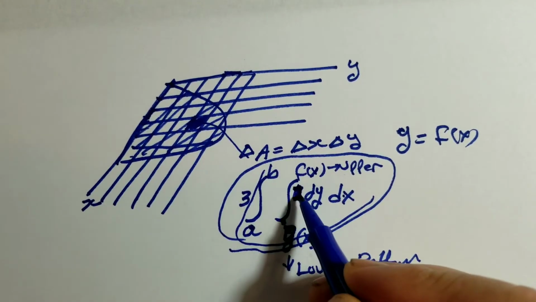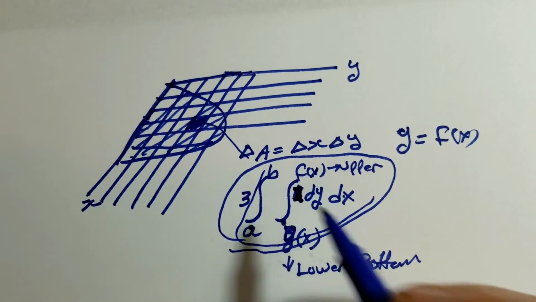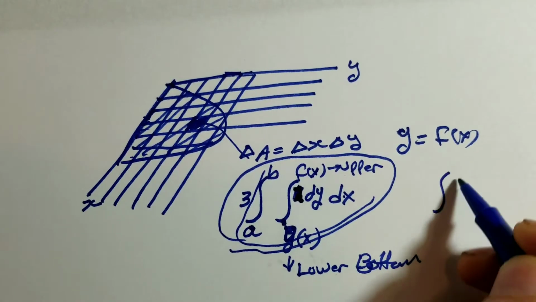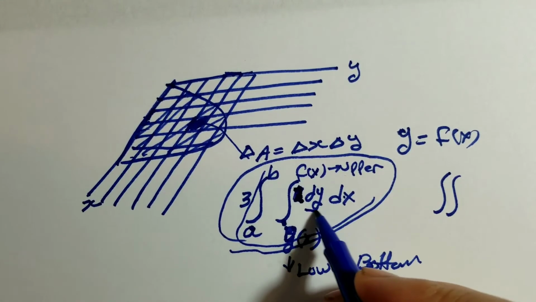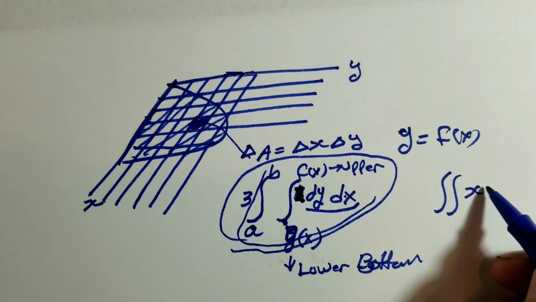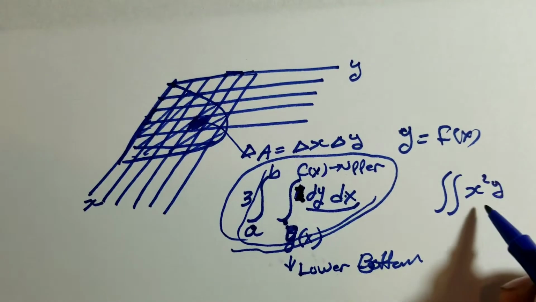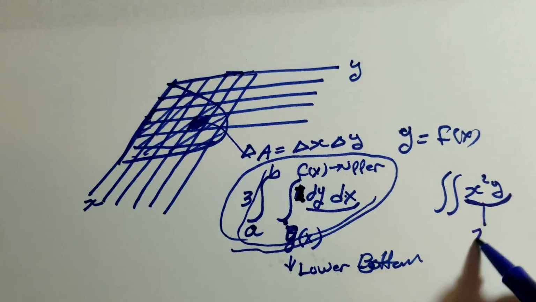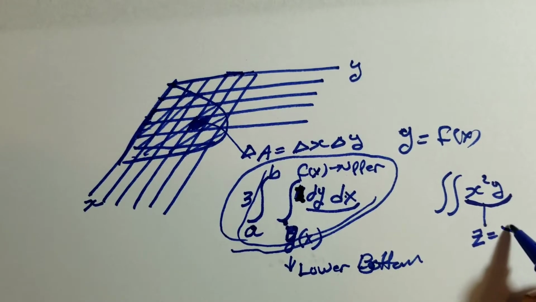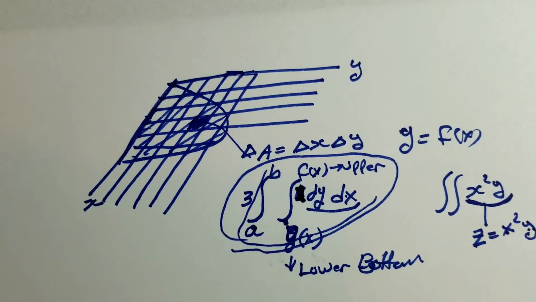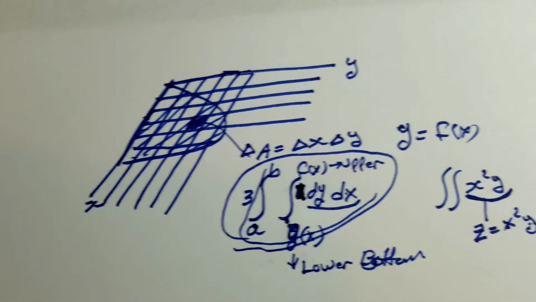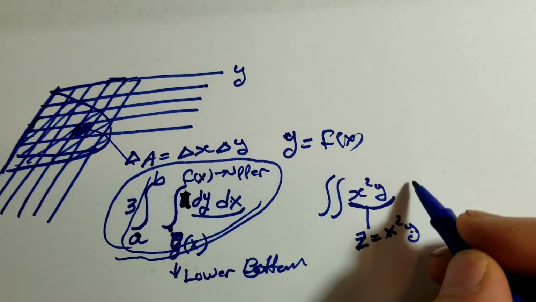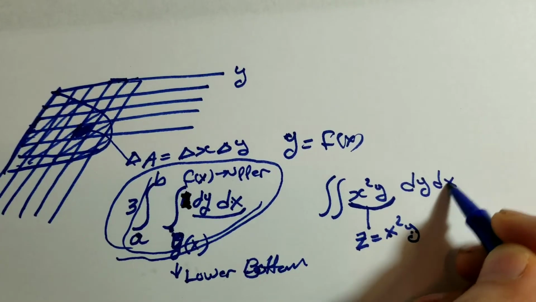What happens if this one is not a constant multiple and is represented by a function of x and y? Then this one is standing for a third variable. Maybe the third variable is a z, where x and y are independent, and z is dependent on these two, of dy dx.